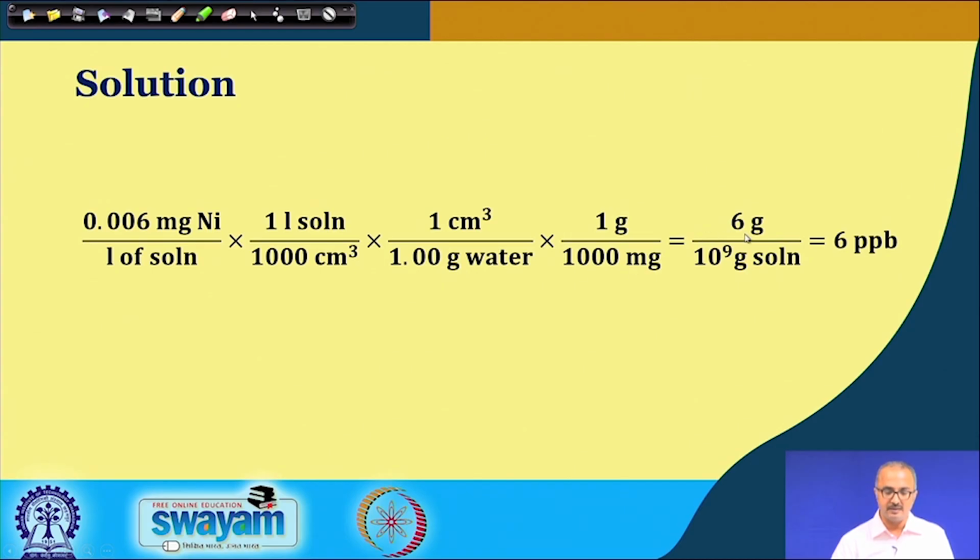So, we find that this 6 gram is coming in 10 to the power 9 gram, that means it is 6 ppb, that means 6 parts per billion. So, that 0.006 milligram per liter of solution is 6 ppb of the nickel, okay, in water.